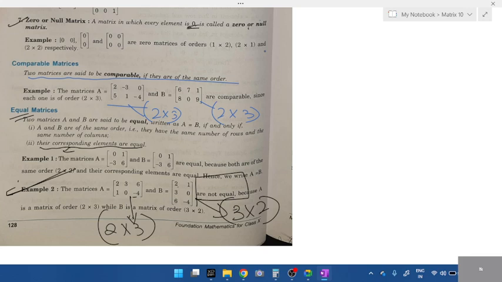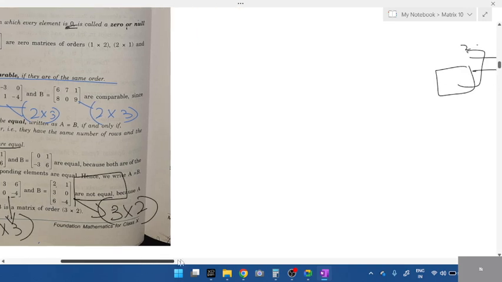So comparable is very important. Comparable matrix order should be same. Most of the questions we use comparable matrix. Shall we start solving the question? Is this clear? All the concepts, did you all understand?